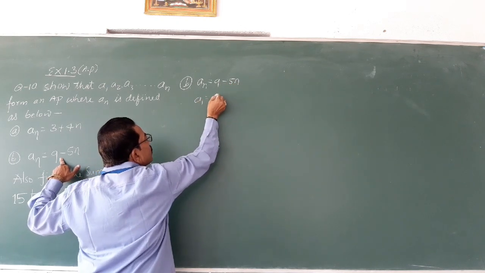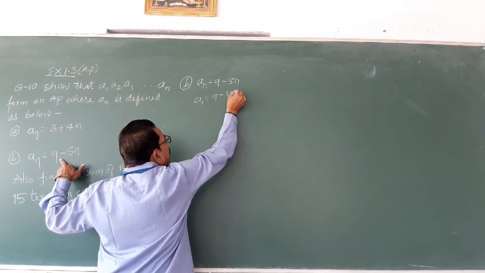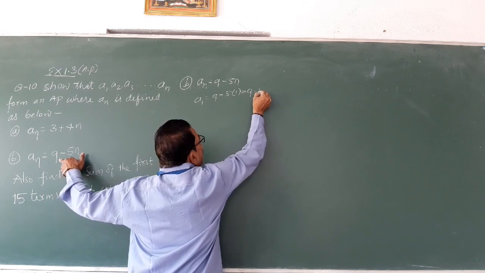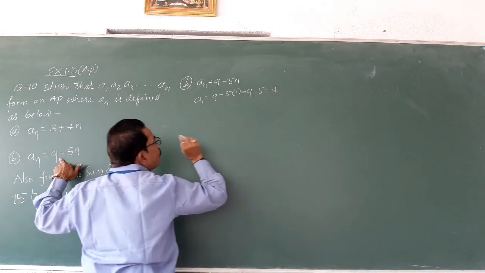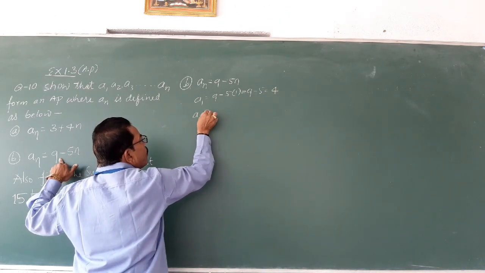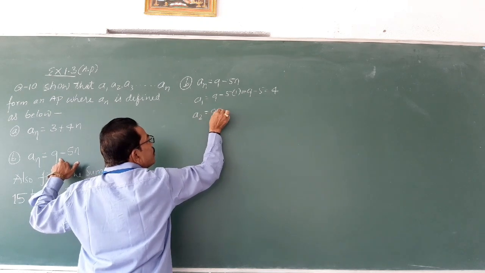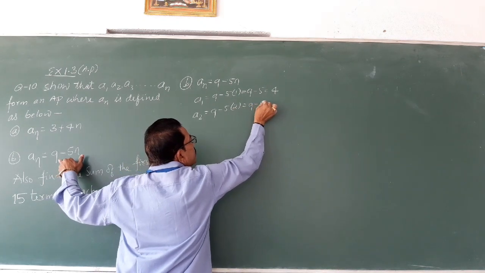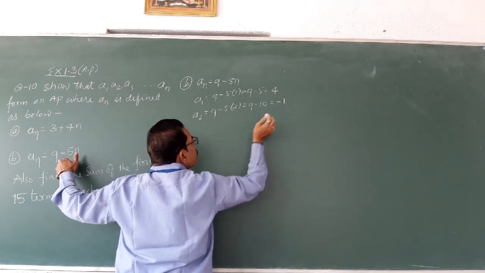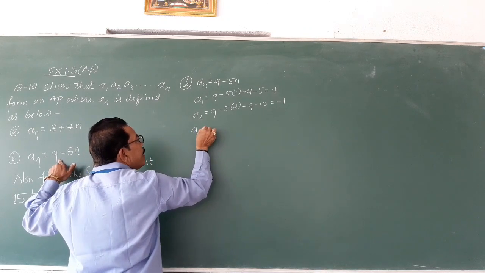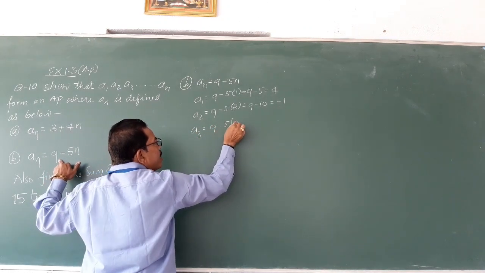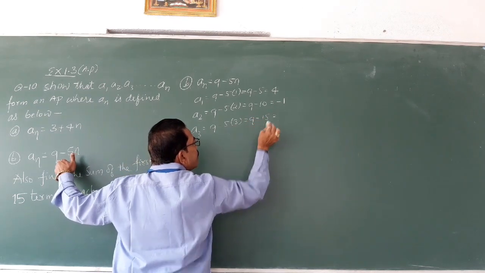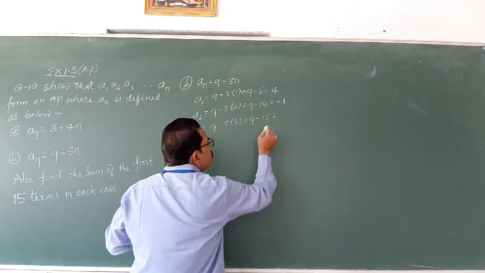That is a1 equals 9 minus 5 into 1, 9 minus 5, which equals 4. a2 equals 9 minus 5 into 2, 9 minus 10, which equals minus 1. Then a3 equals 9 minus 5 into 3, 9 minus 15, so that equals minus 6.